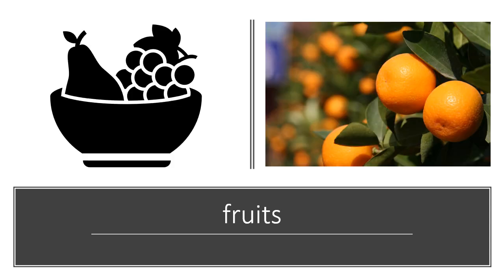These lovely oranges are making me so hungry. Oranges are the fruits. We all love to have fruits, and fruits are very good for your health, children. Fruits have seeds inside them. So, with this, we have seen the different parts of the plant: the roots, stem, leaves, flowers and fruits.